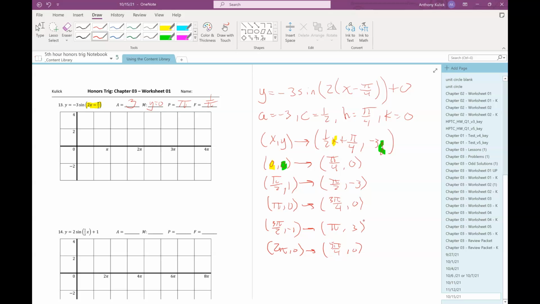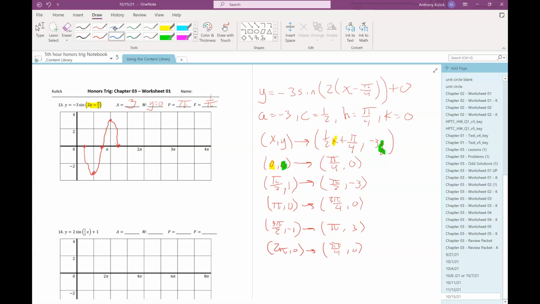Okay. So I'm going to plot these 5 points on my grid. I notice that every grid line is a half a pi. So a quarter pi is in between 0 and a half. And then half and -3, 3/4 and 0, pi and 3, and then 5 pi over 4 and 0. So this is my 1 period.